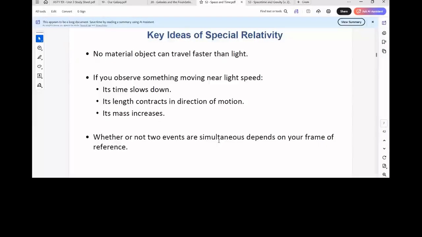And then this last one, whether or not 2 events are simultaneous will depend on your frame of reference. So you as the observer in your reference frame might come to a different conclusion than your lab partner Al would, even though you are both observing exactly the same event.